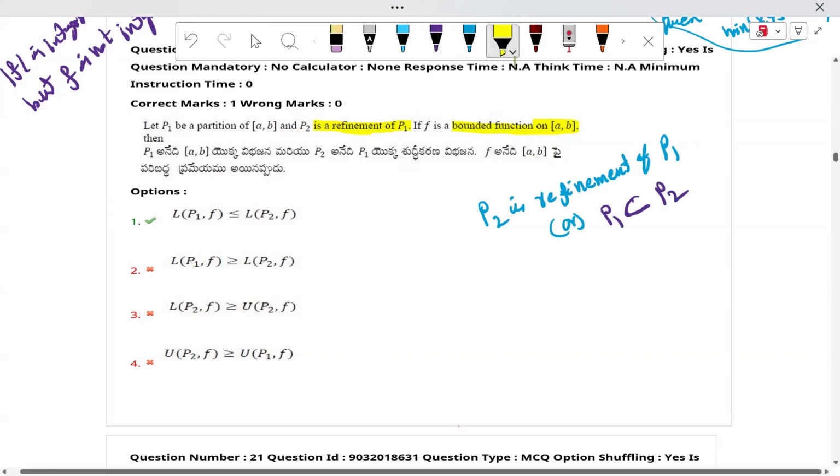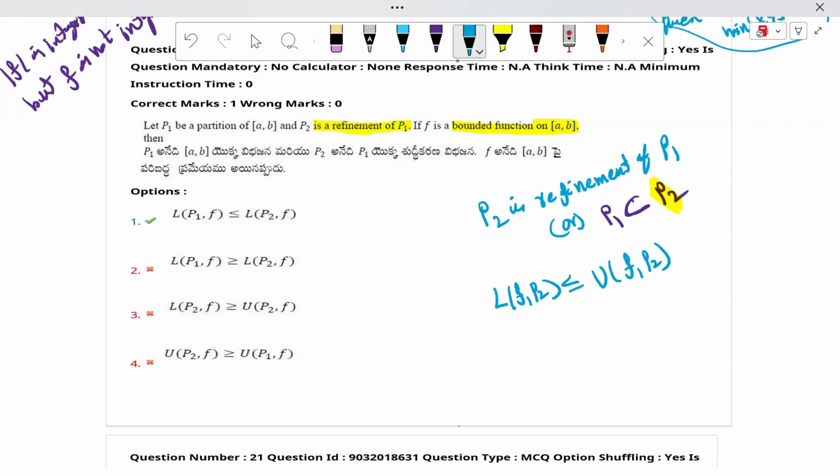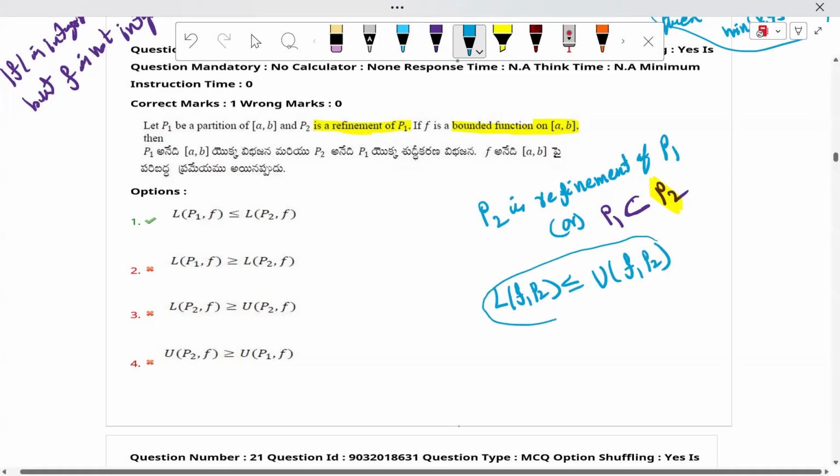ఎప్పుడైనా సరే ఏదైతే పెద్ద ఫంక్షన్ ఉందో వాటి అప్పర్ డార్బాక్స్ సమ్, లోవర్ డార్బాక్స్ సమ్: L of F comma P2 is less than or equal to U of F comma P2. అంటే పార్టీషన్ P2 పరంగా లోవర్ డార్బాక్స్ సమ్ is less than or equal to అప్పర్ డార్బాక్స్ సమ్. ఇవి రెండు కూడా మిడిల్ లో ఉంటాయి. దేని మిడిల్ లో ఉంటాయి?